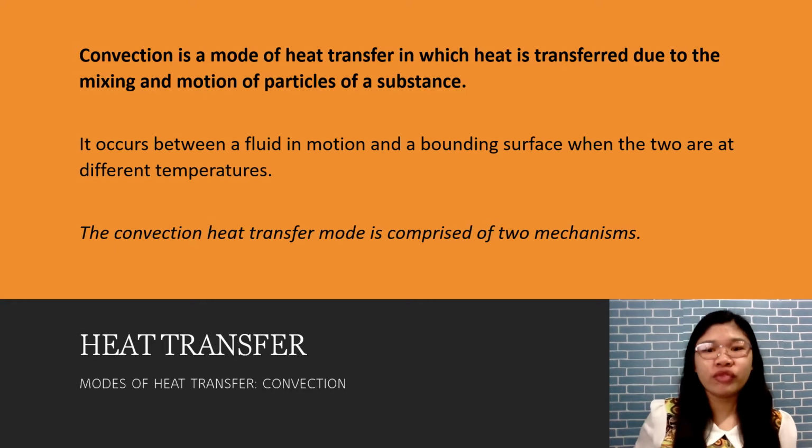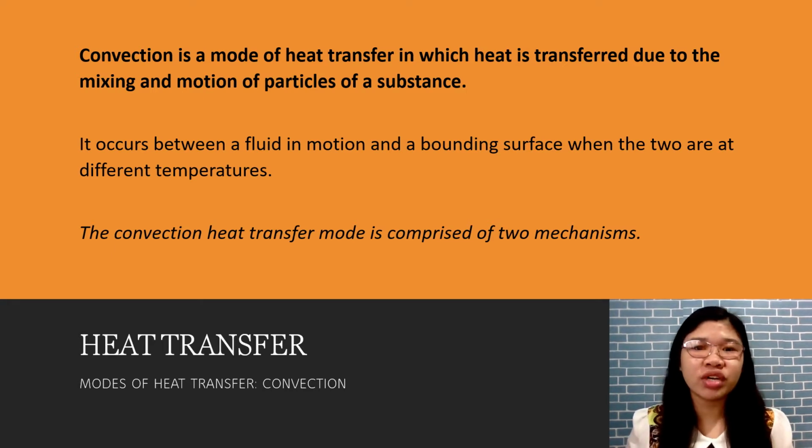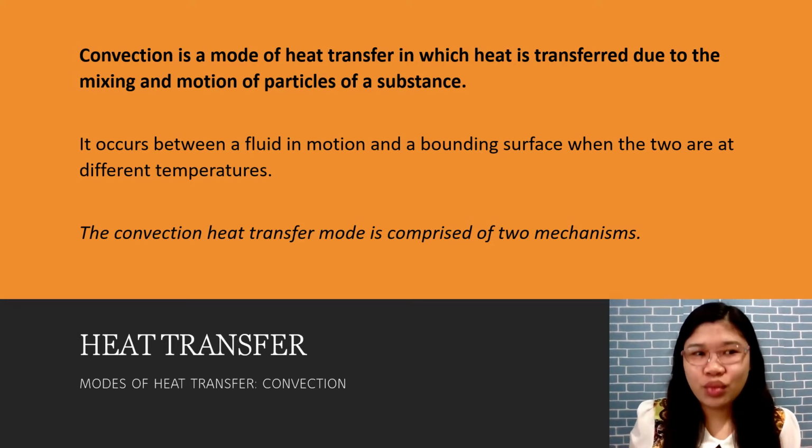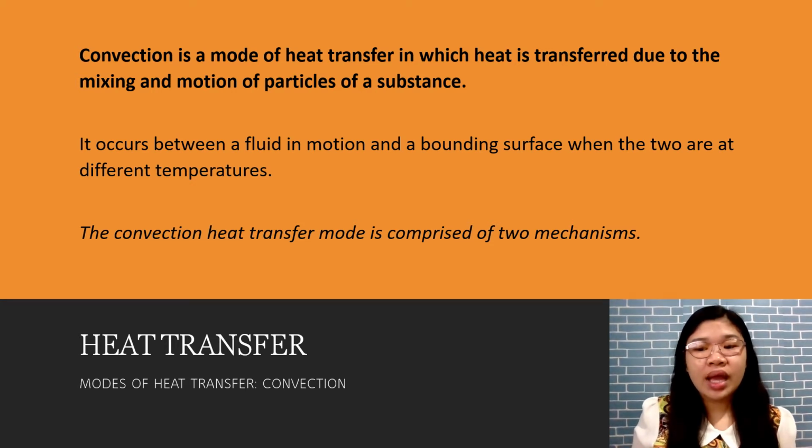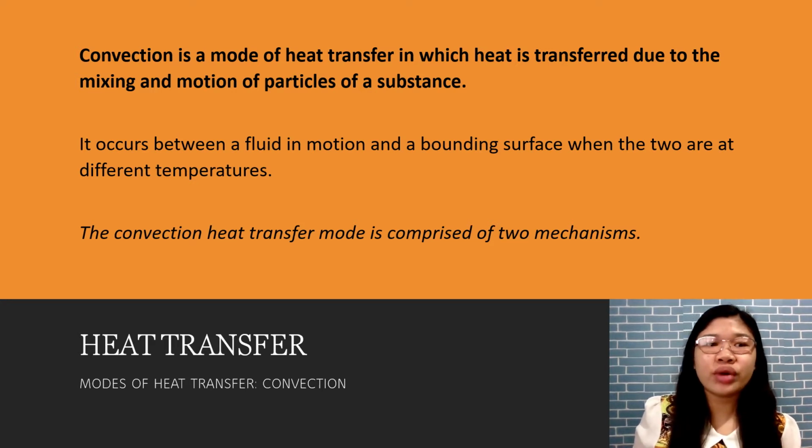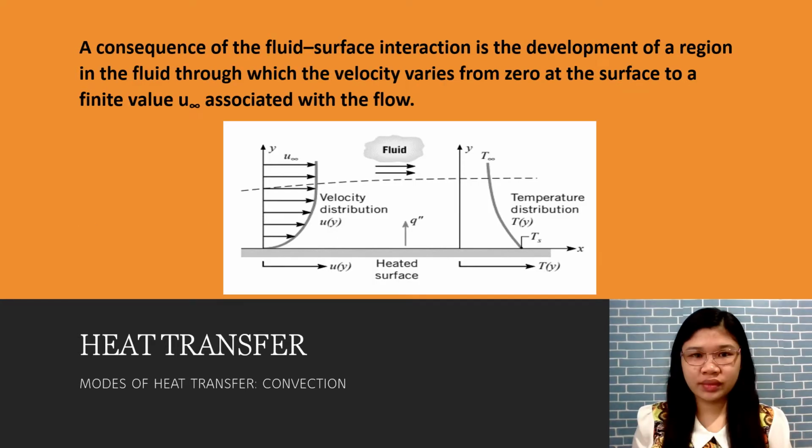So again, convection as a mode of heat transfer is energy transfer occurring within a fluid due to the combined effects of conduction and bulk fluid motion. I guess that is quite enough for you to recognize the difference between conduction and convection.